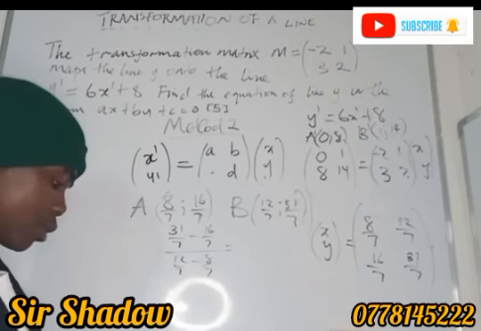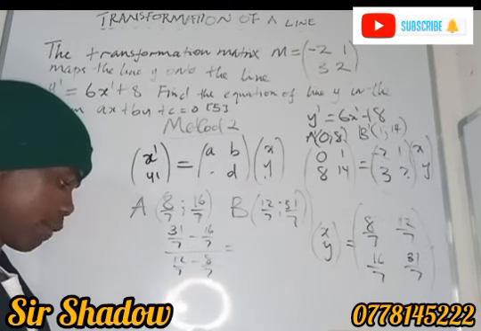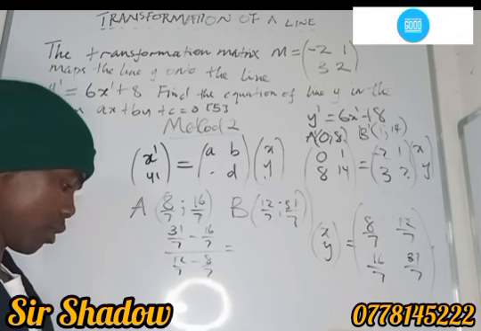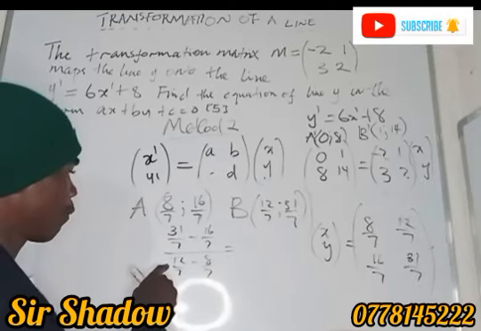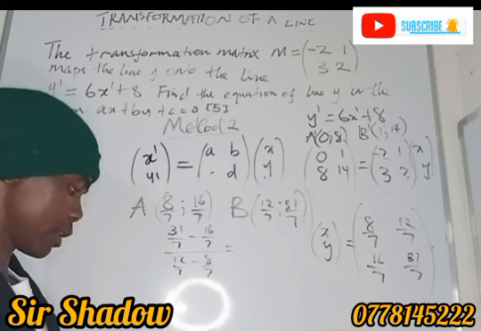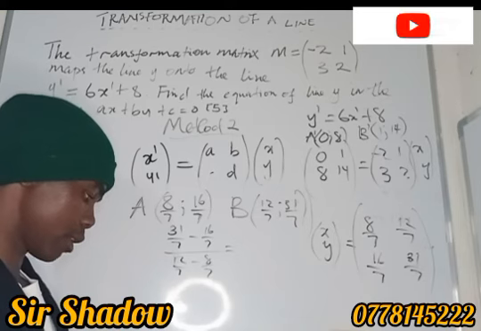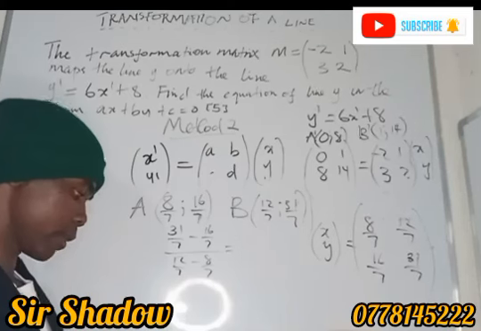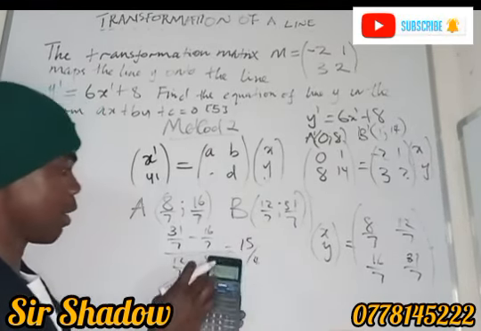We can just type 31 over 7 subtracting 16 over 7, then over 12 over 7 subtracting 8 over 7. Our gradient here is 15 over 4. This is our gradient here, guys.